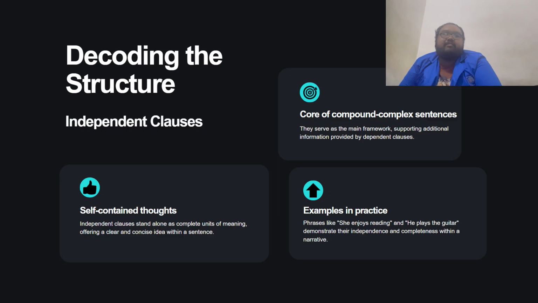At the core of compound complex sentences, they serve as the main framework, supporting additional information provided by dependent clauses. Example in practice: sentences like she enjoys reading and he plays the guitar demonstrate their independence and completeness within a narrative.